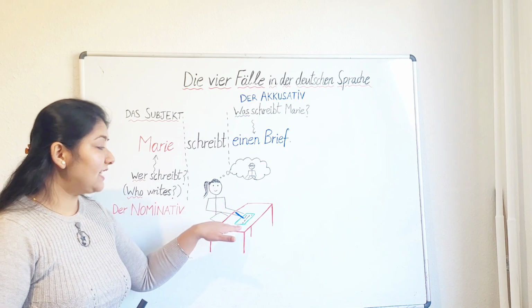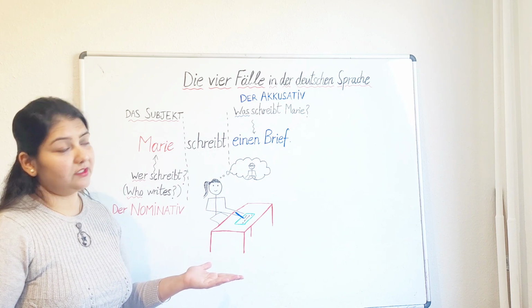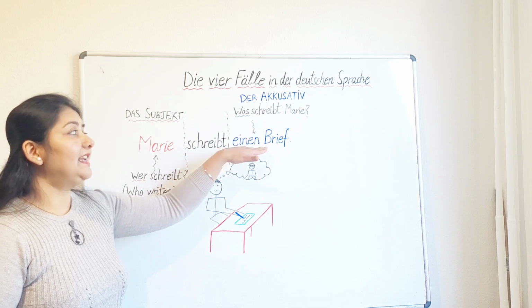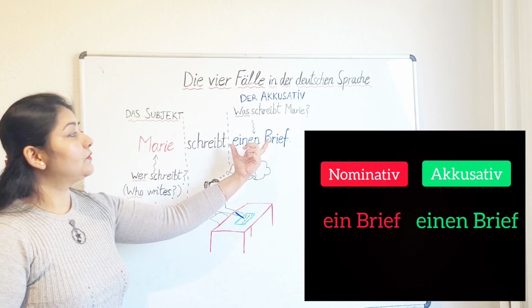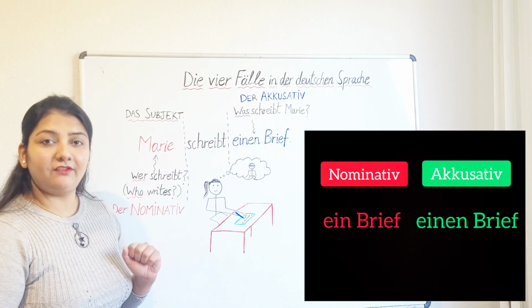And we know the direct object is an accusative object. So here in this sentence, the noun einen Brief is in accusative case. So einen Brief ist im Akkusativ, right?